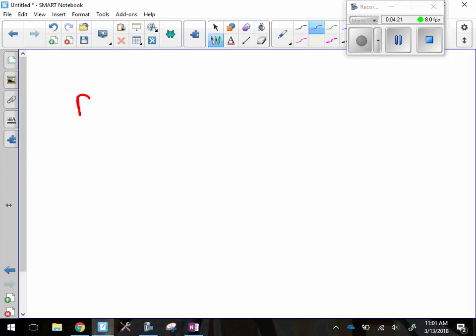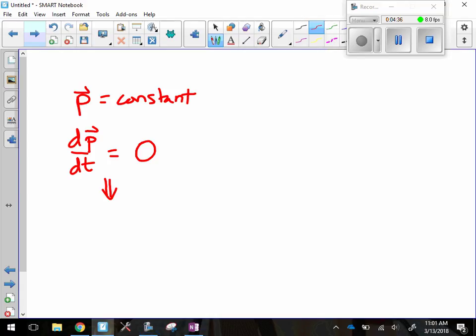So if I know that the momentum of my object is equal to a constant, then what's dp dt going to be? 0. And if dp dt is equal to 0, what else is equal to 0? What's dp dt equal to? It is in fact F net.